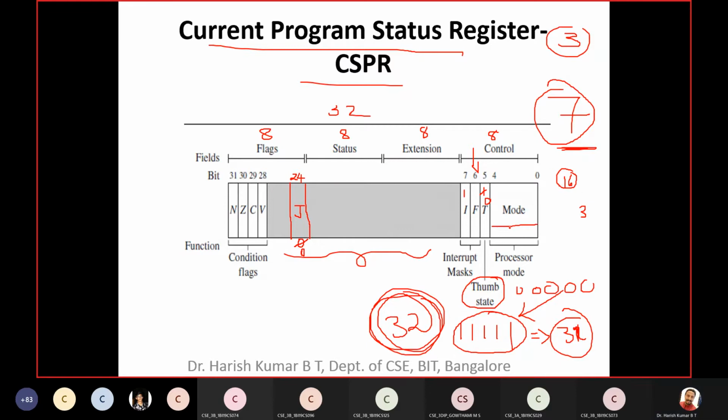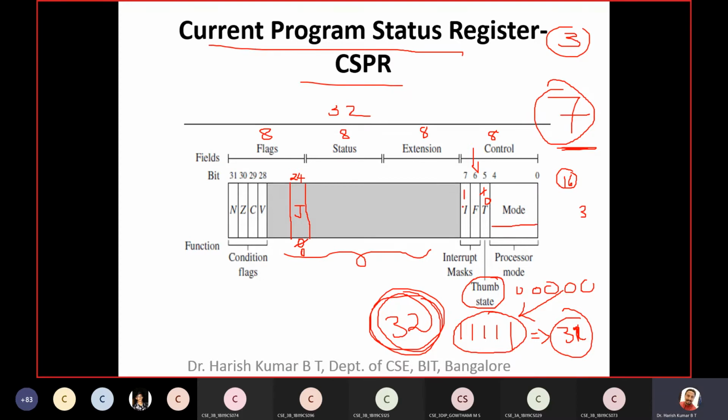People are following? It's a bit, the 7th bit. Either it can be 0 or 1. If I want my microcontroller to ignore all the slow interrupts, then this I bit, the 7th bit, must be set.